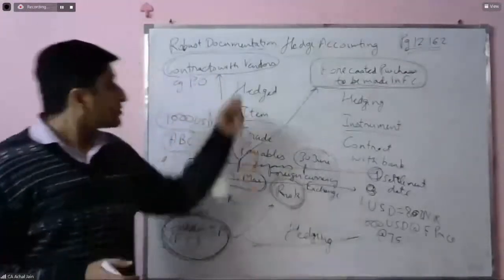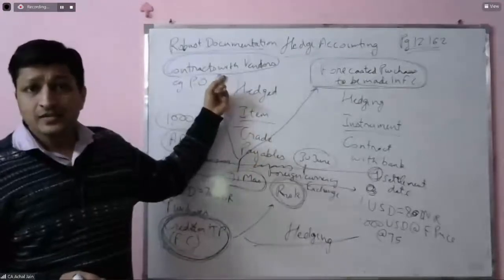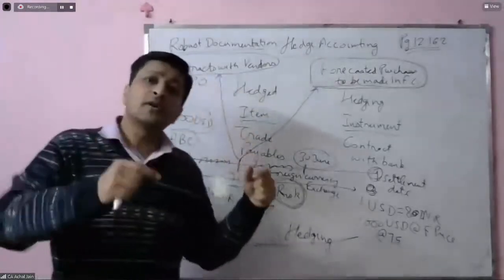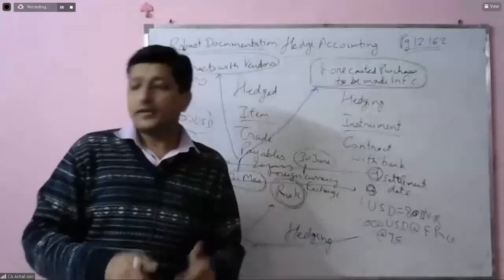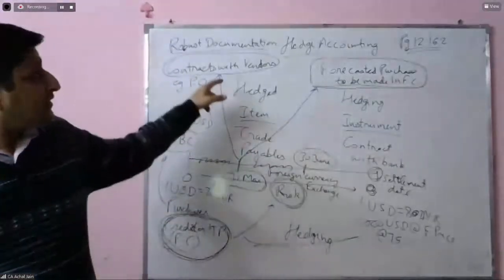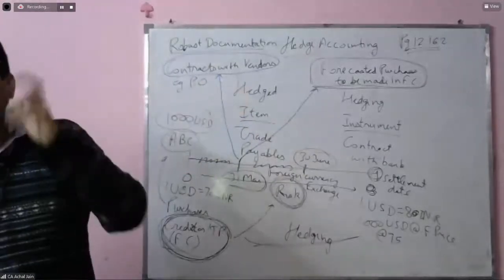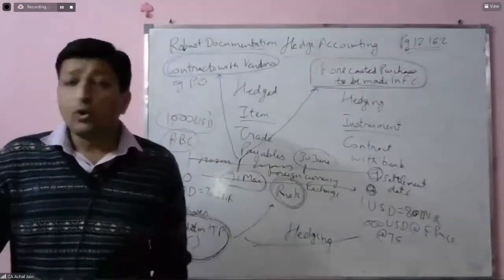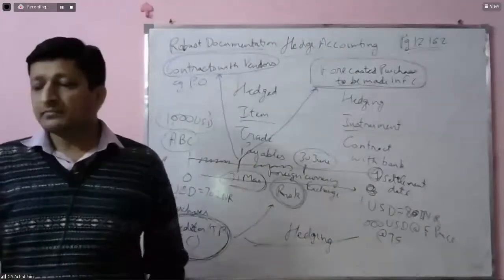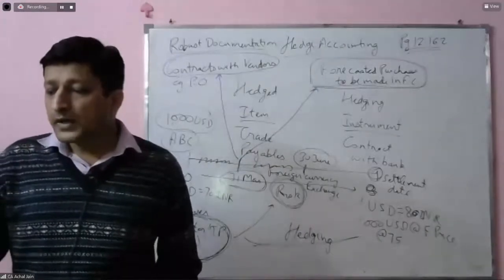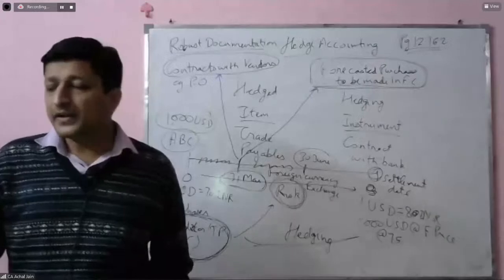Because even though it's not recognized, we won't recognize this, but this commitment is firm today because we have a signed contract. So if there are any changes, exposures in this, that is also tried to be hedged. Or a component of any such item that is attributable to particular risk and could affect P&L.